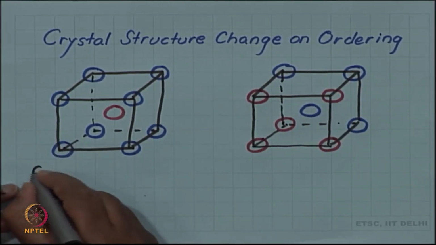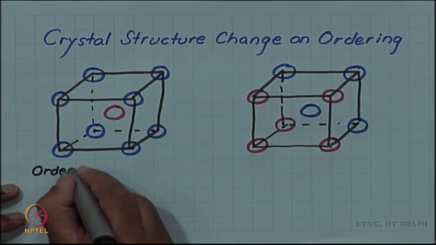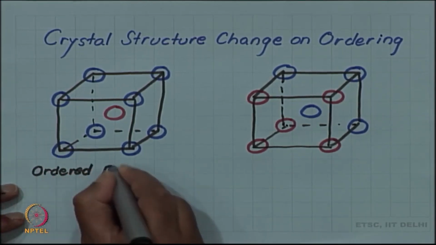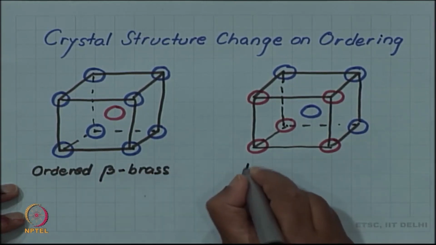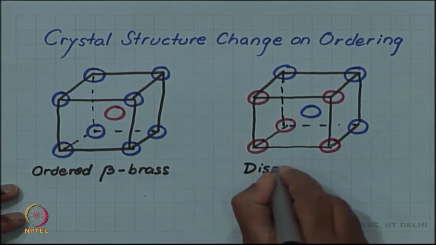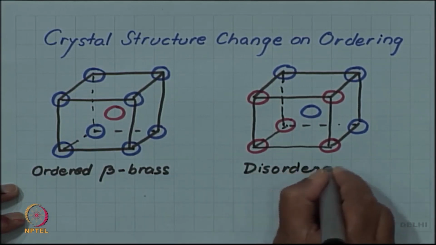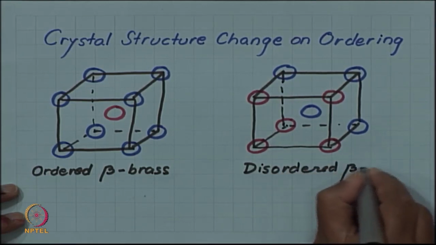So, this is ordered beta brass, this is disordered beta brass.